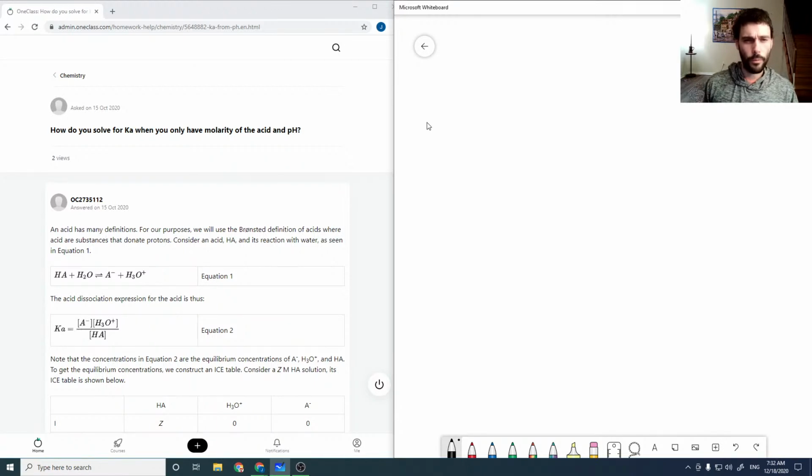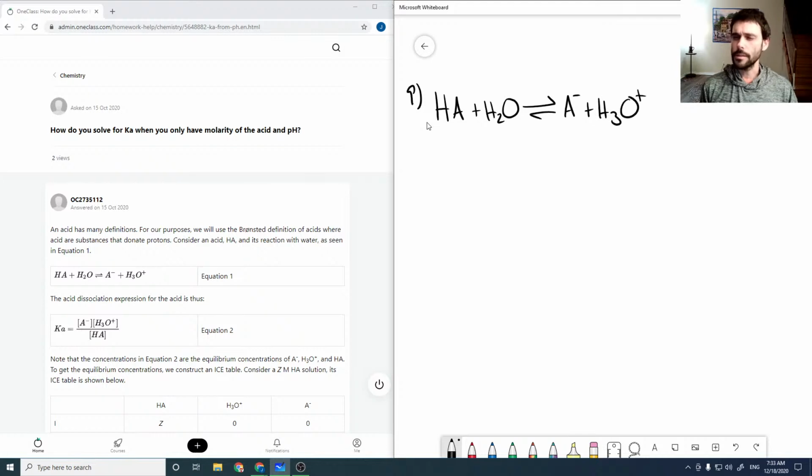How do you solve for Ka when you have the molarity of the acid and the pH? Okay. So if we consider our general acid equation, and put things into the definitions that we have in the question, and form our little ice table, then our initial concentration of HA, I'm just going to call it the concentration of HA, and we have 0 of these two.